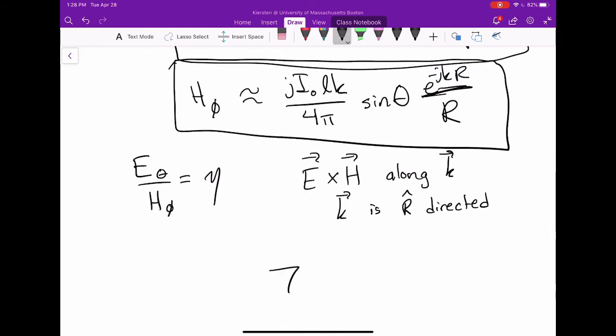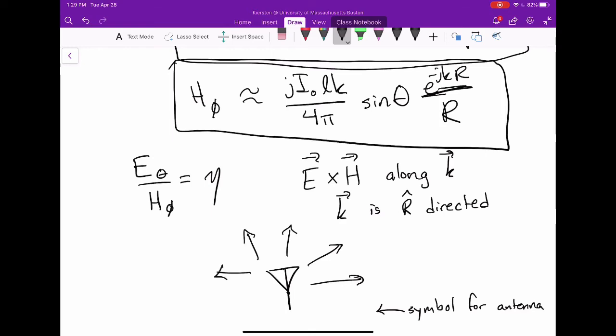So the energy from your source, this is a symbol for an antenna, the power from your source, that's represented by your Poynting vector, which is also known as a radiated power density, is coming out radially away from the antenna.